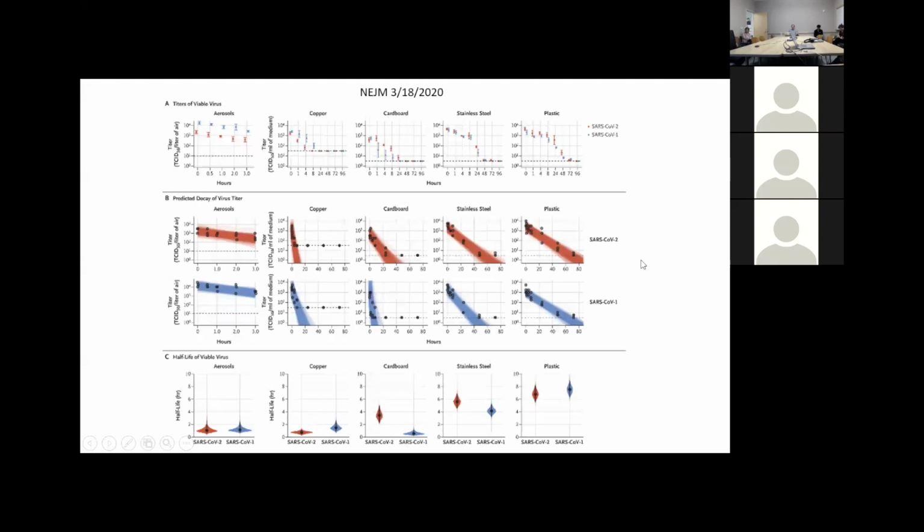This was a recent letter to the editor in the New England Journal. This letter compared the aerosol and surface stability of the SARS-CoV-2 or COVID virus with the original SARS virus. I'm going to take you through this slide because I think it's very interesting. SARS-CoV-2 is the red or pinkish color, and SARS-CoV-1 is the blue.